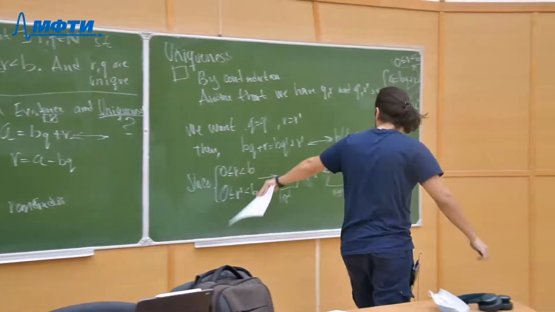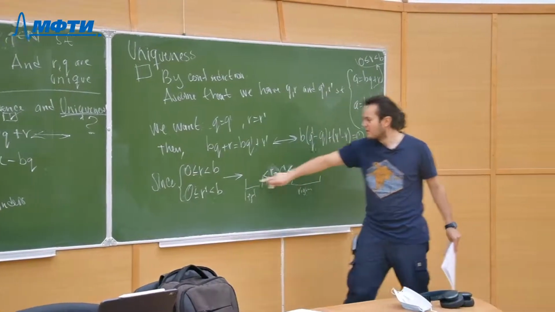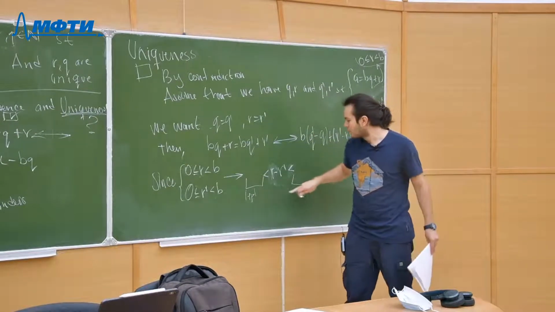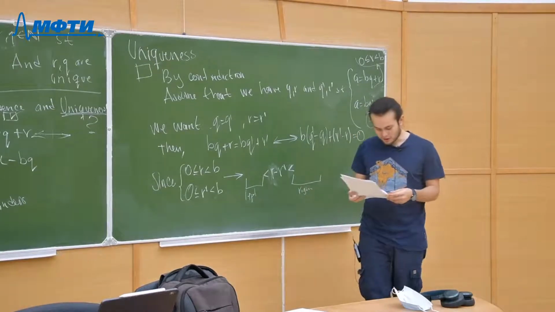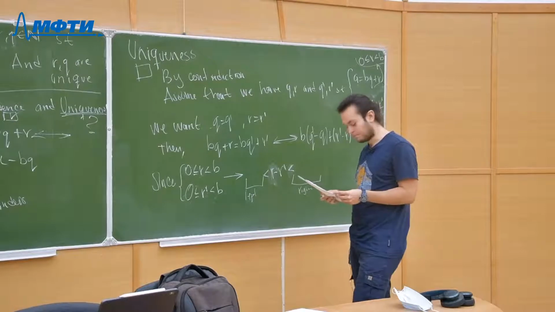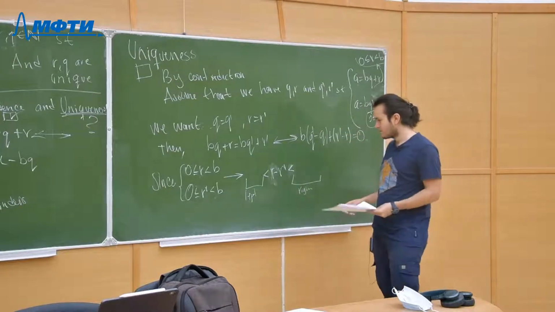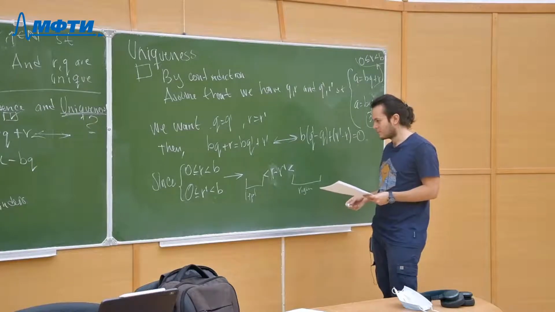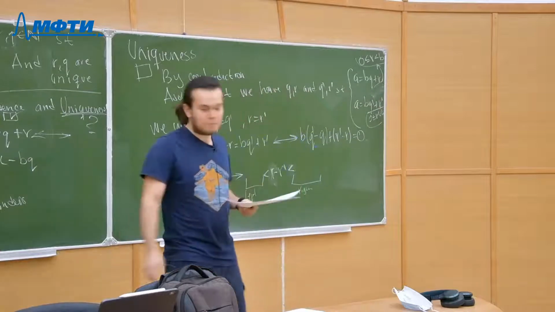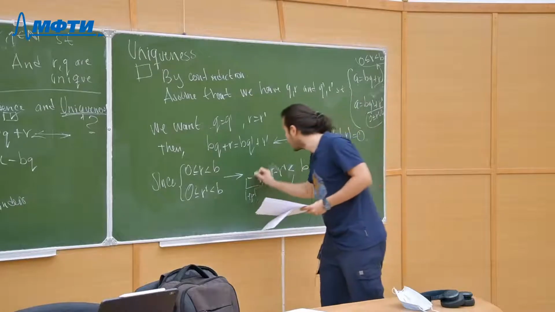So look, we have this condition. Then it means that the difference of r and r prime should be between, what are the boundaries here? What do you think? You can write on YouTube. Yeah, b and minus b. Okay, so we have here b, and here we have minus b.